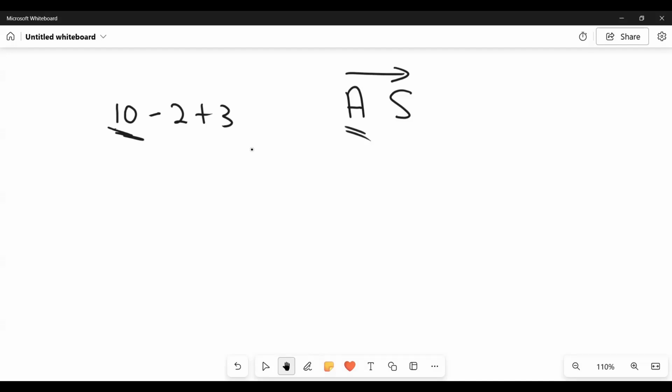That's what the rule says, sir, right? Sir, could you add the negative 2 plus, or you're adding negative 2 and the 3? Okay. But this is a subtraction sign. This is not a negative sign. What will you add first?